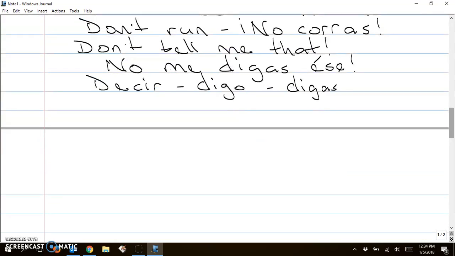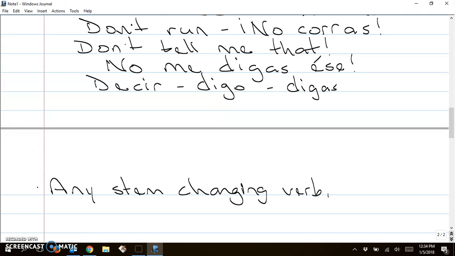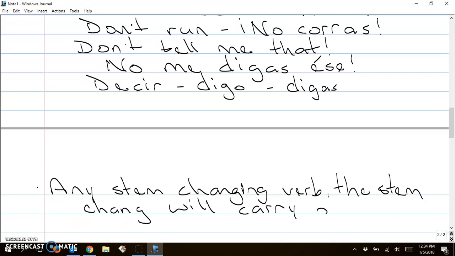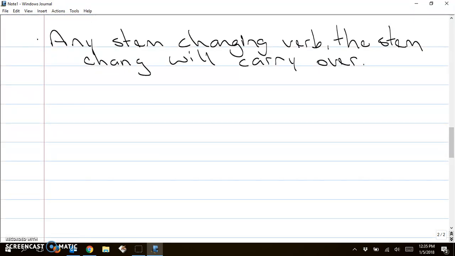Now, there's a couple other things that happen here. Any stem changing verb, the stem change will carry over. So, for instance, dormir.